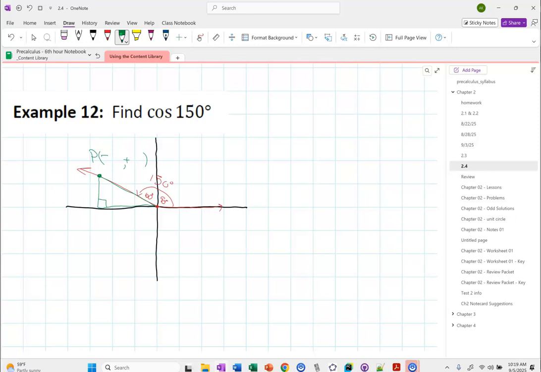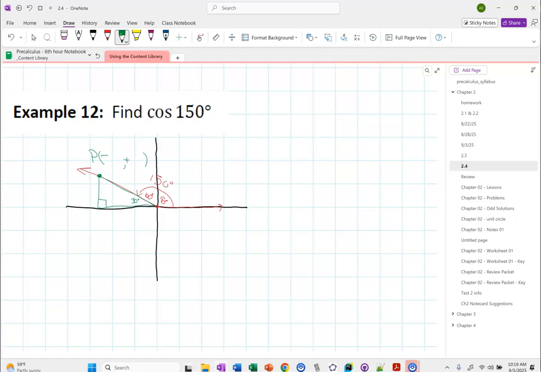What would my reference angle have to be? 30 degrees. Great. How did you get that? The quadrant is 90, so 90 minus 60. Great. The whole quadrant is 90. To there is 60. That piece has to be 30.